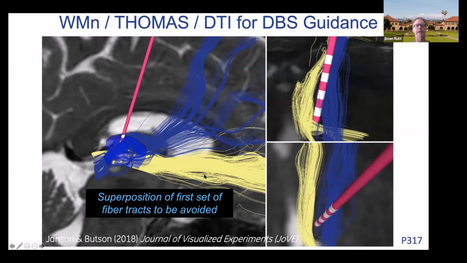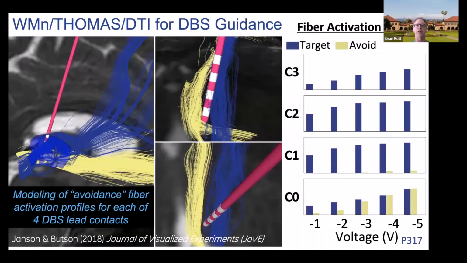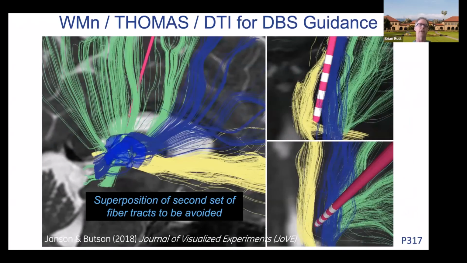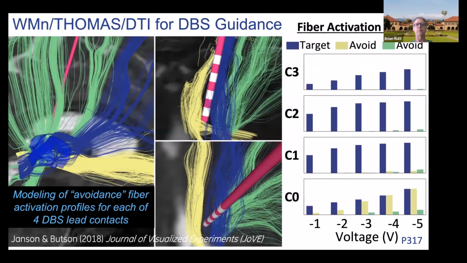So here, fibers passing through an adjacent nucleus, and we can actually model the effect of fiber activation. So we get avoidance regions and target regions in our activation profiles. And we go on and maybe put a second set of avoidance fiber tracts to be avoided. These might be MD fibers, for example, or CM fibers. And so 2 different avoidance regions here.